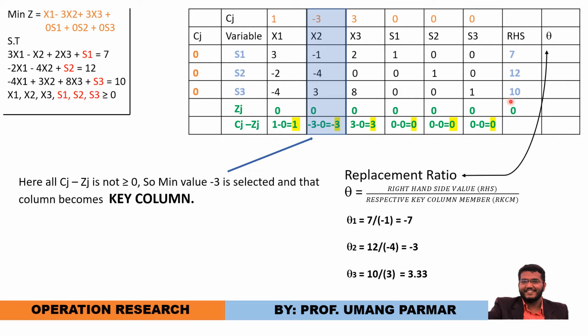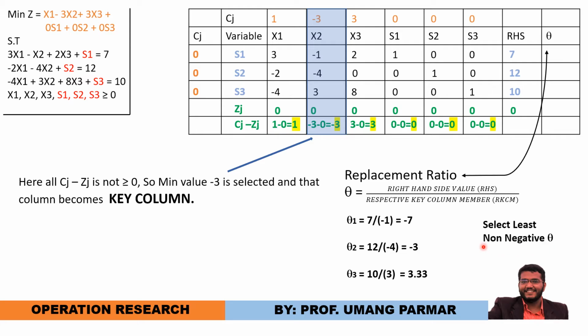And for the third row, our RHS value is 10, divided by the respective key column member, that is 3. So it is 10 divided by 3, and we get 3.33. But it is important to know that whenever we are finding the key row, we need to select the least non-negative theta.